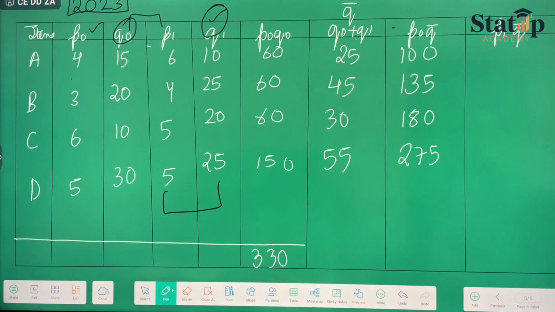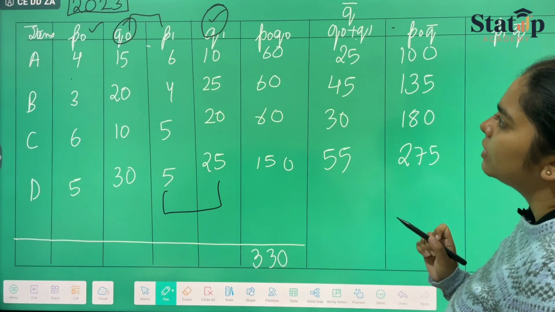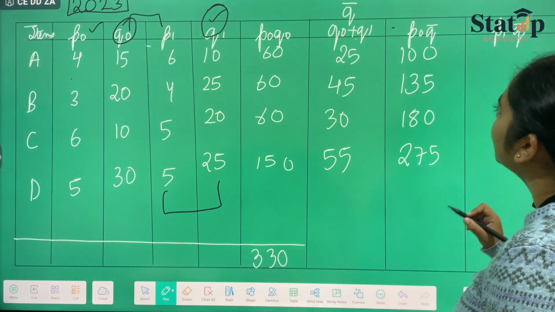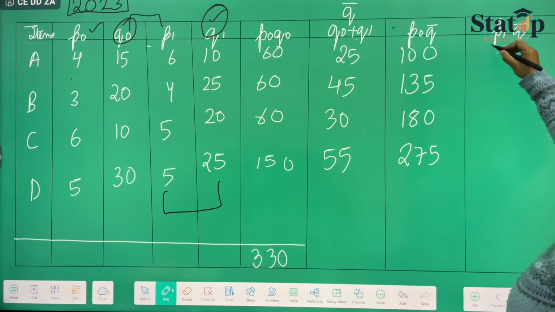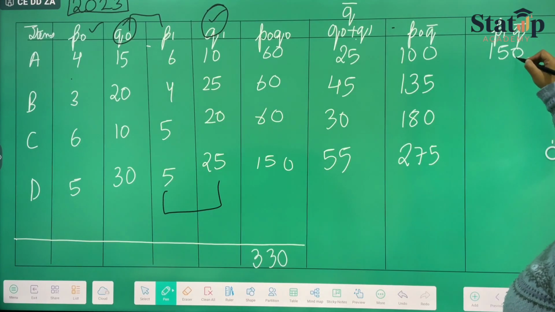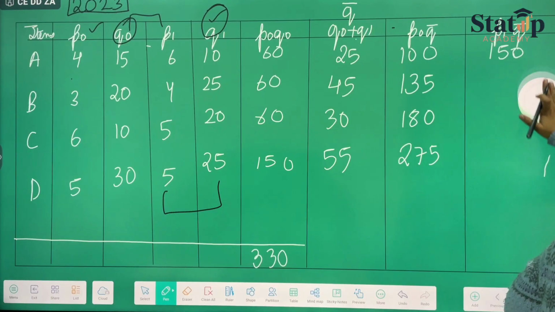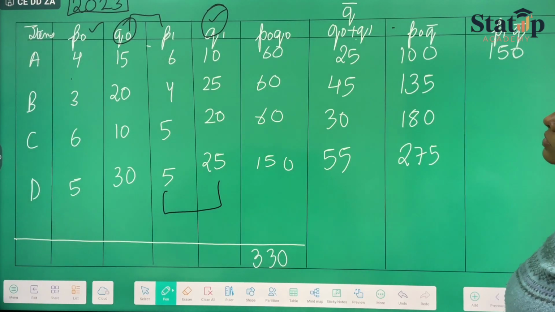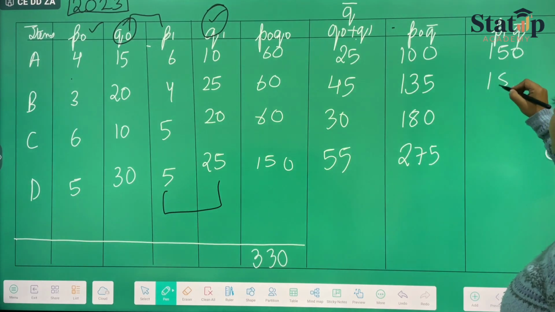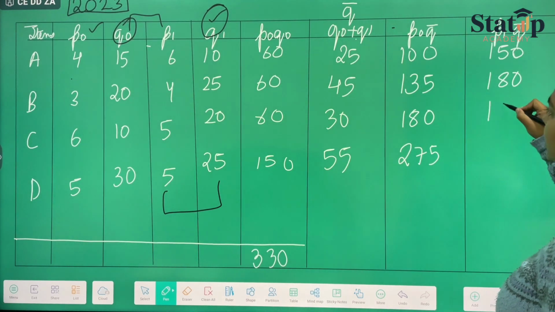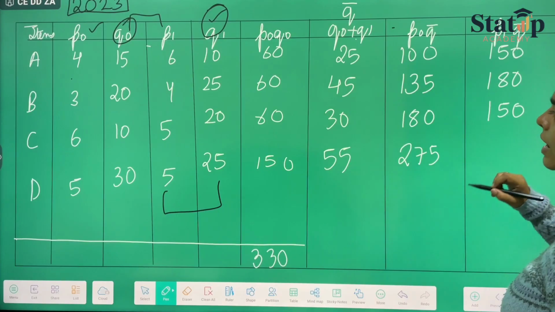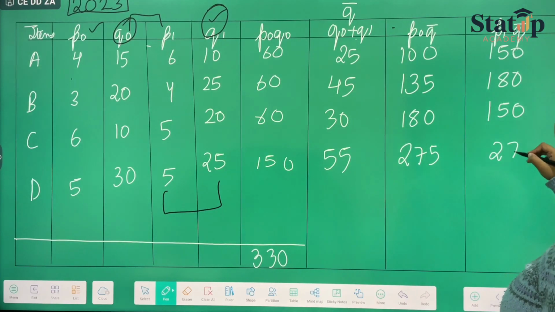And P1 Q bar: 6 into 25 would be 150, and 4 into 45 would be 180, 5 into 30, 150, and 5 into 55 will be 275.